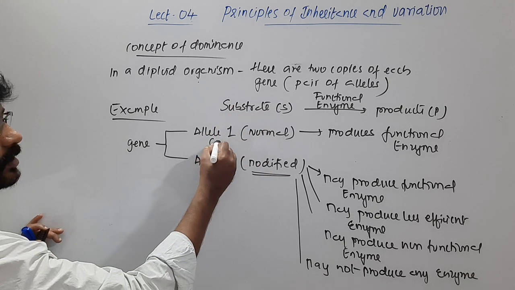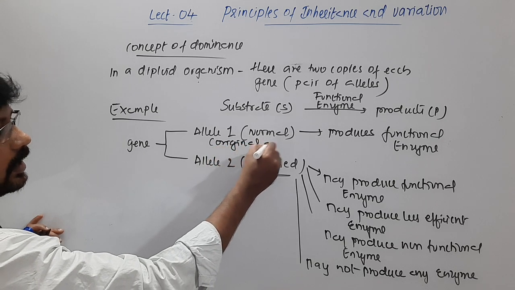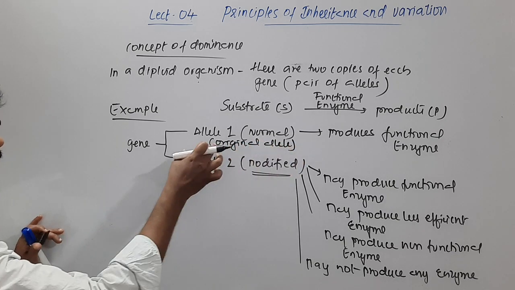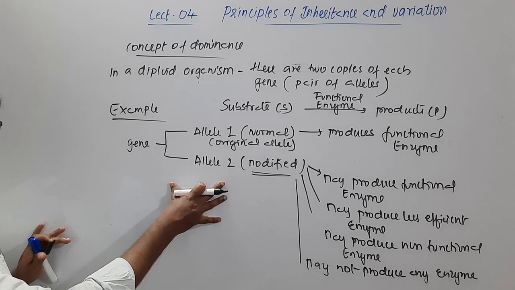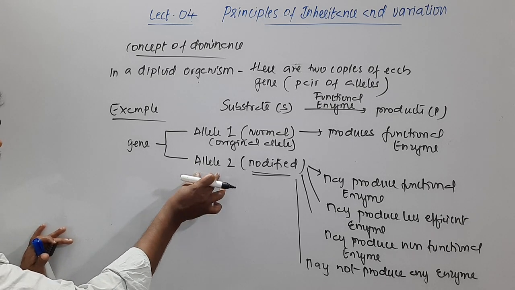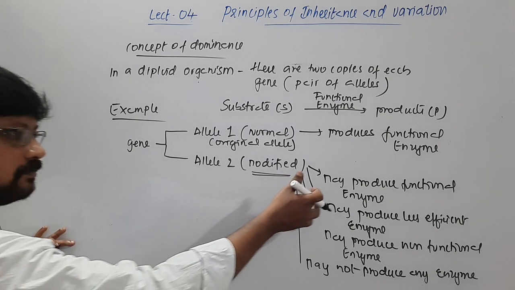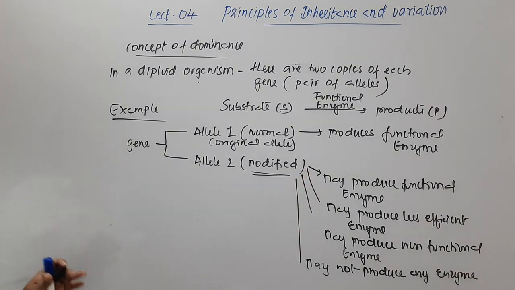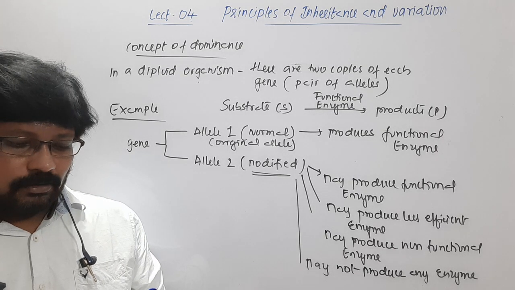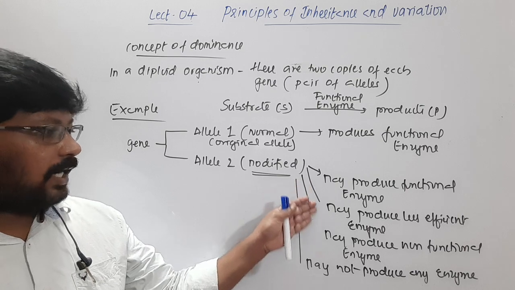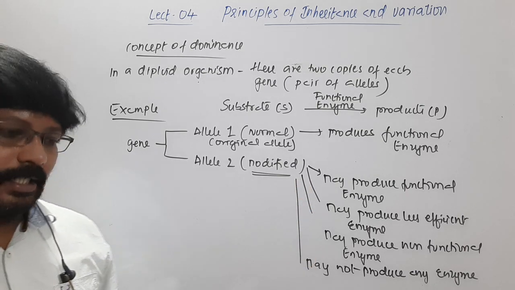From this, in course of time, the modified allele has resulted, and this one may produce the functional enzyme as it is. At present it's quite difficult to understand why these many possibilities are present.